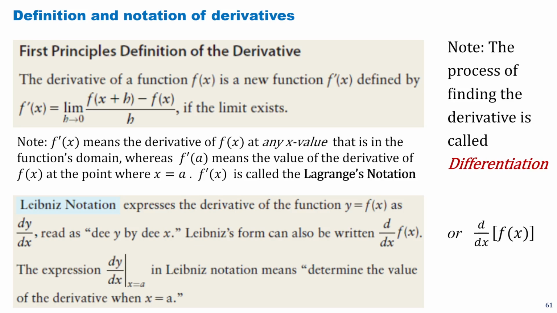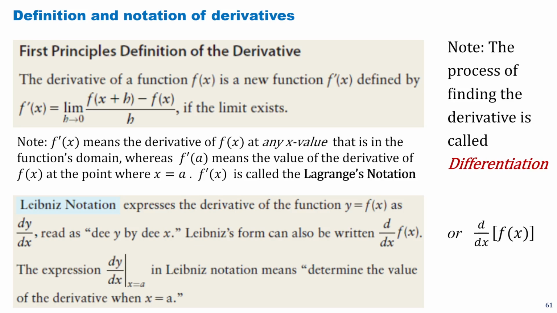And f'(x) means the derivative of f(x) at any x value that is in the function's domain, whereas f'(a) means the value of the derivative of f(x) at the point where x equals a. And f'(x) is called the Lagrange notation.